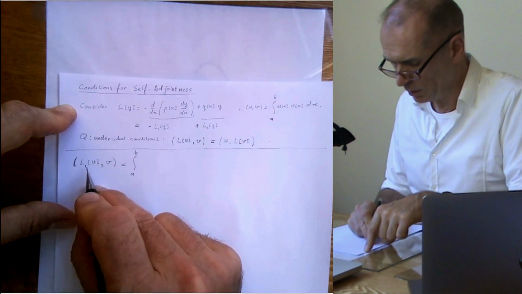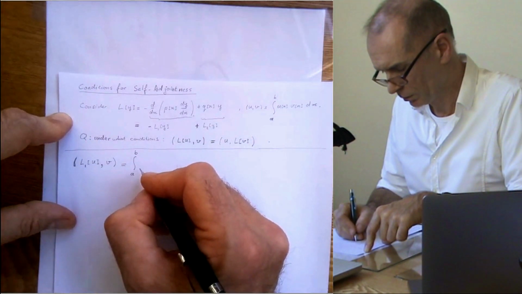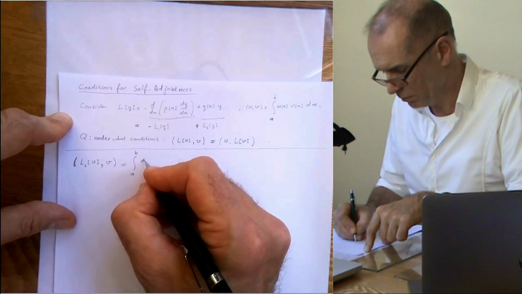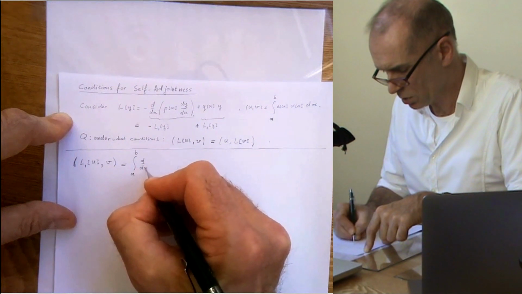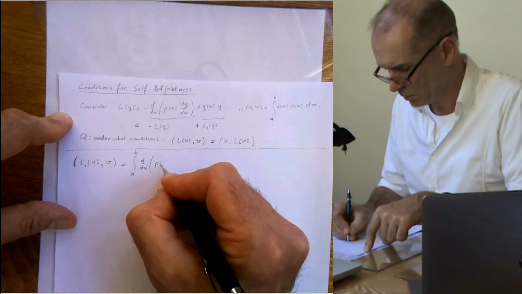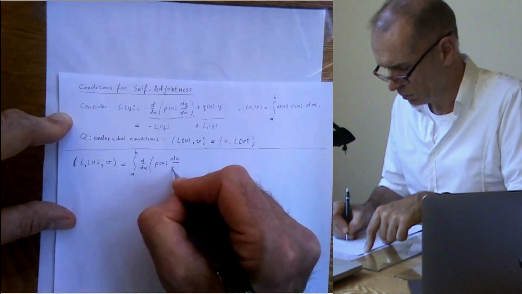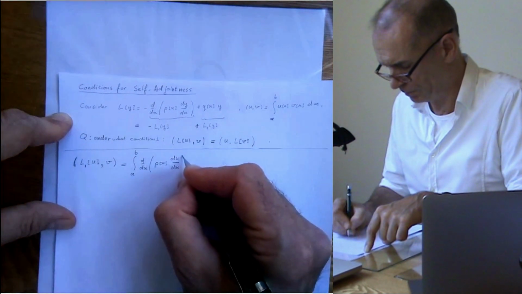And then I have to write L1 working on u, so that is the derivative with respect to x of p times the derivative of u with respect to x.